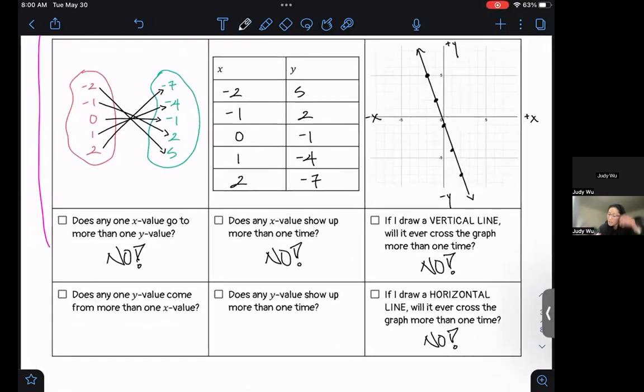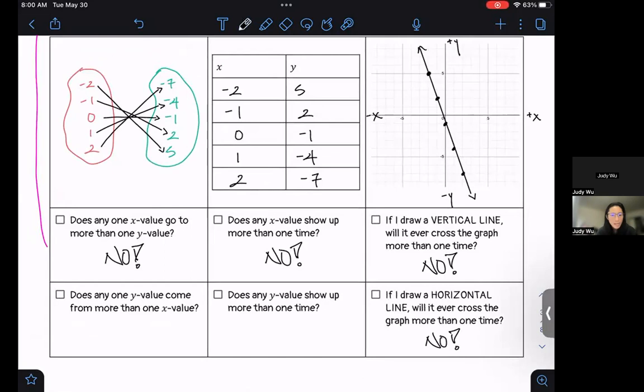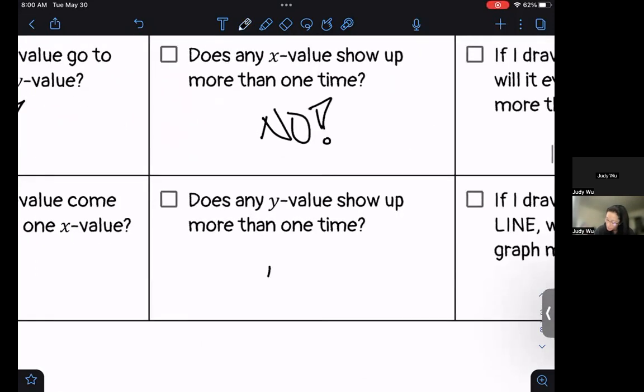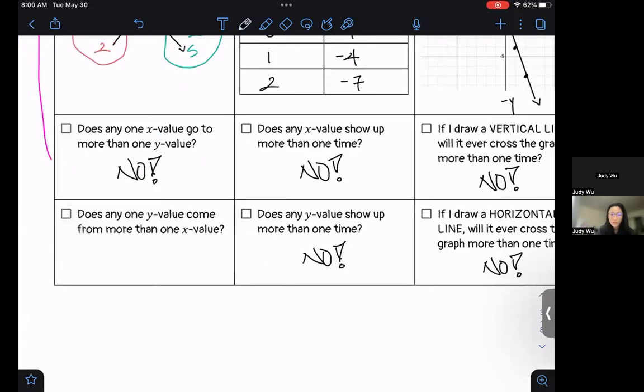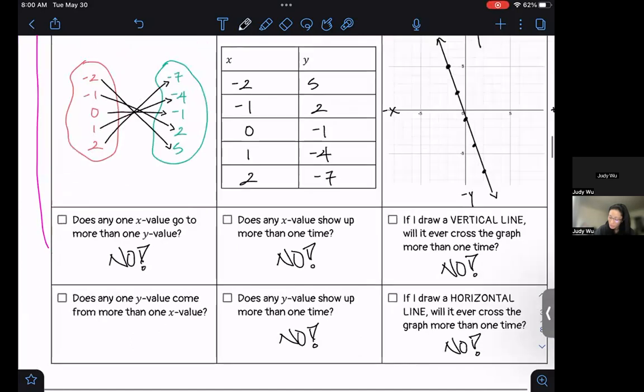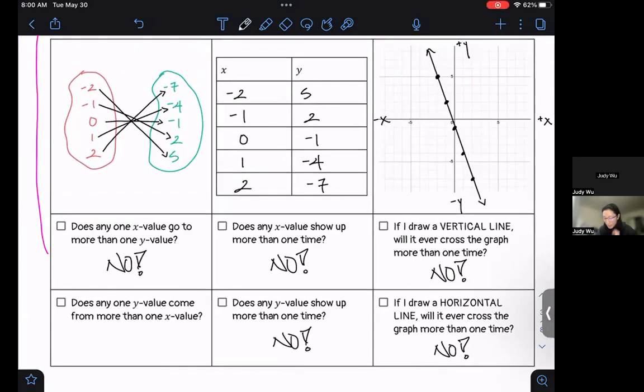The equivalent way of looking at that on our table is, does any y value show up more than one time? If I'm looking at my y values, 5, 2, -1, -4, -7, they each only happen one time. So I can go ahead and say, no, no y value shows up more than one time. Now, the last way we can look at that in our mapping diagram is we can say, does any one y value come from more than one x value?